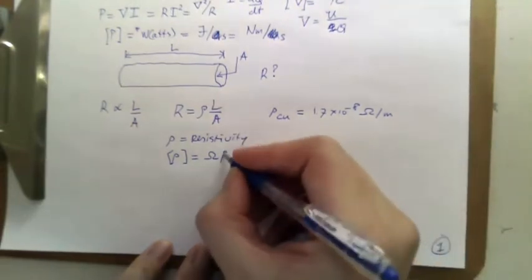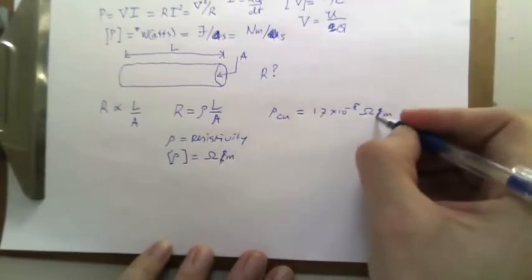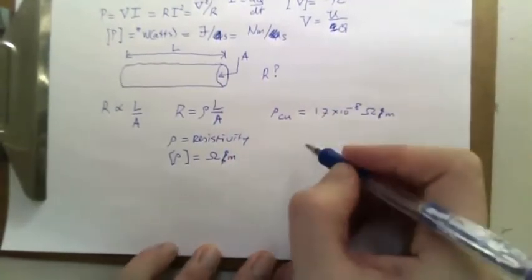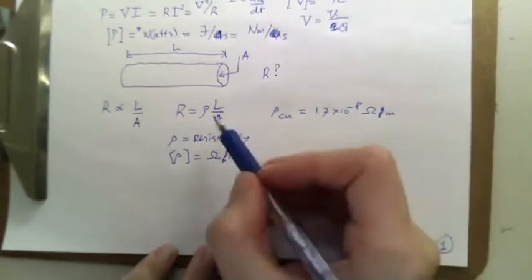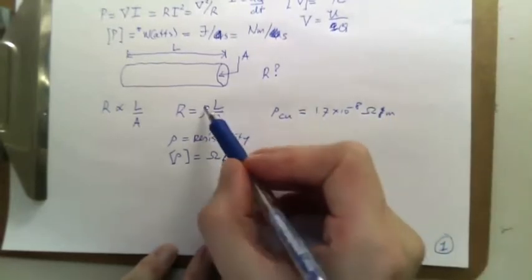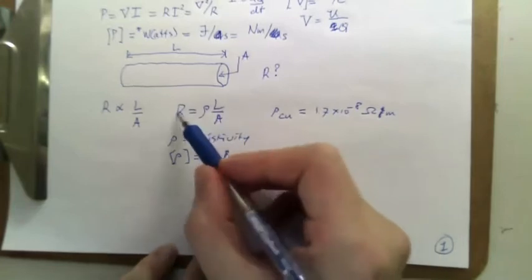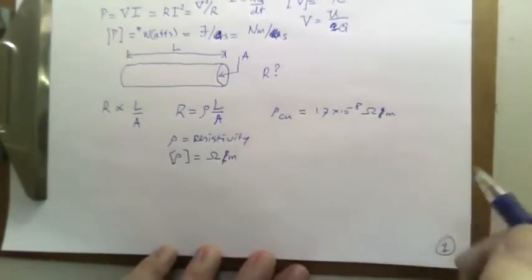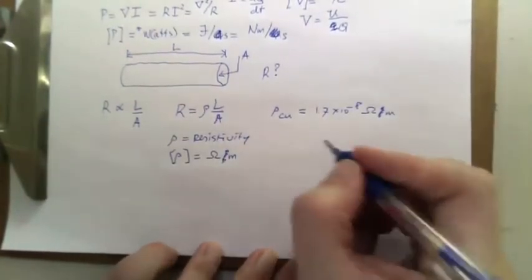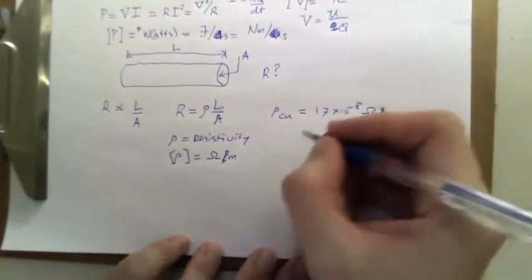Oh, it's ohm meter, sorry. Right, because you have ohm meter times meter over meter squared, so that gives you ohm meter squared over meter squared, which gives you ohm. Okay, ohm meter.